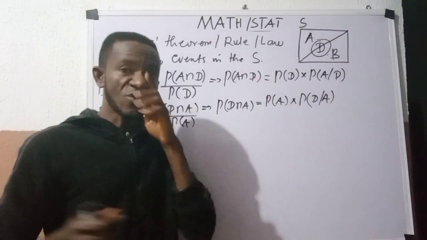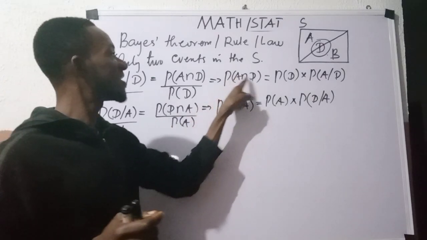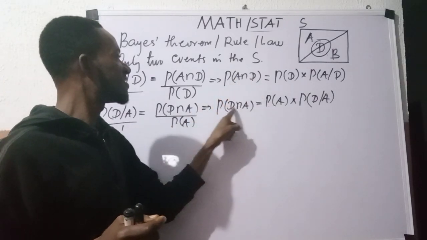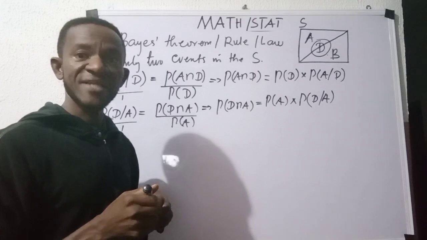Then there is something I want to remind us quickly. What I have here is A intersection D, and what I have here is D intersection A. In sets, both of them are the same thing.